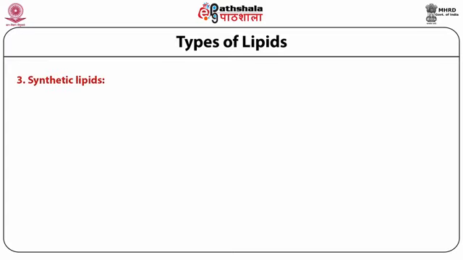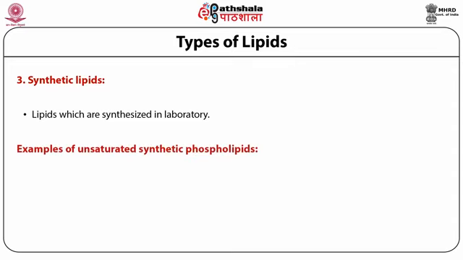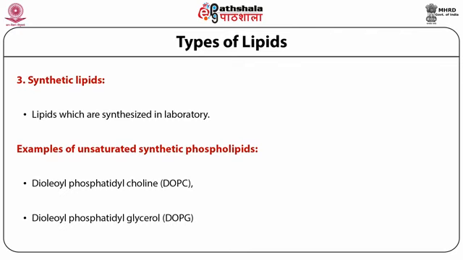The last type of lipid is synthetic lipids. Synthetic lipids, as the name suggests, are the lipids which are synthesized in the laboratory. They are divided into two types: unsaturated synthetic phospholipids and saturated synthetic phospholipids. Examples of unsaturated synthetic phospholipids: first is DOPC, dioleoyl phosphatidylcholine, and DOPG, dioleoyl phosphatidylglycerol.